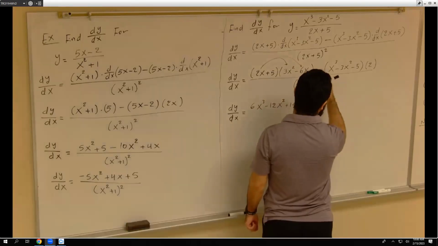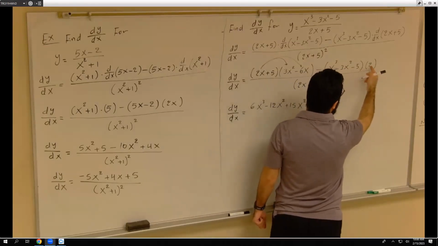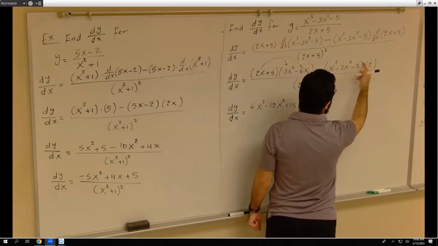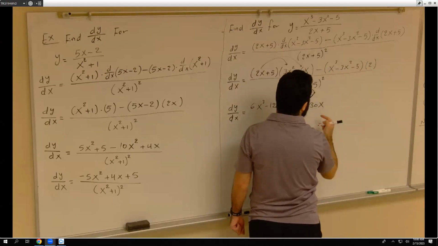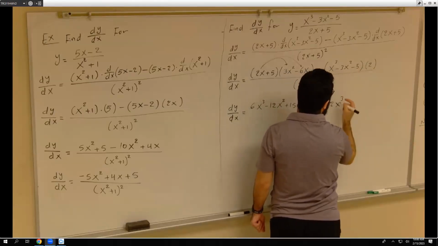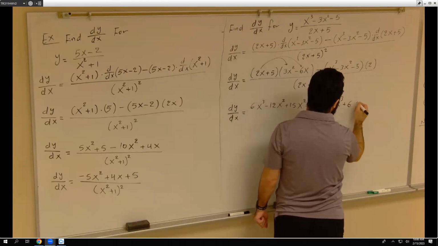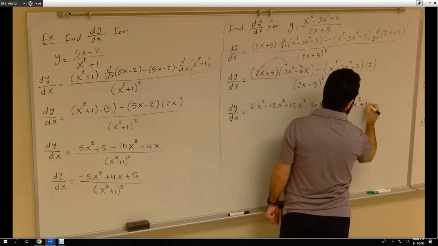Now here's negative 2. If you want to distribute negative 2, or you want to distribute the 2, then distribute the negative sign. So I'm going to say negative 2 times x cubed is going to be negative 2x cubed. Negative 2 times negative 3 is going to be positive 6x squared. Negative 2 times negative 5 is going to be plus 10.